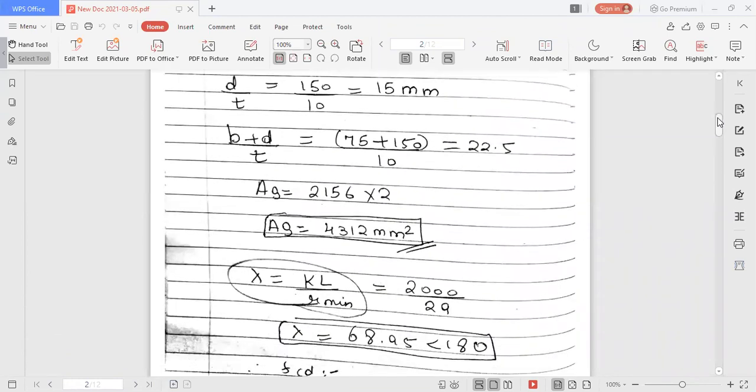See here, the gross sectional area for the one angle section is 2156. As the two angle sections are given to you, you need to multiply it by 2. So AG will be 4312 mm square.